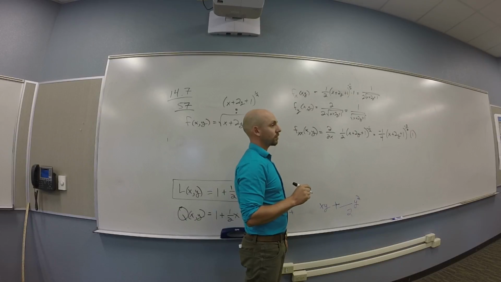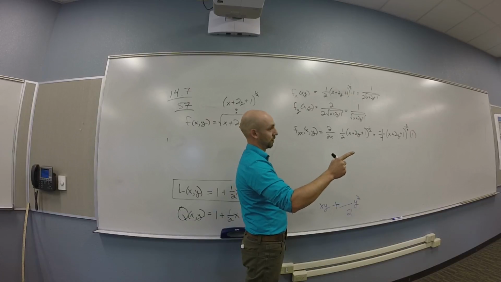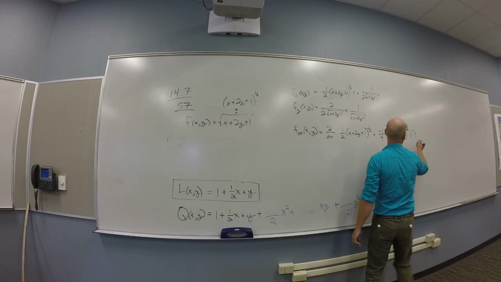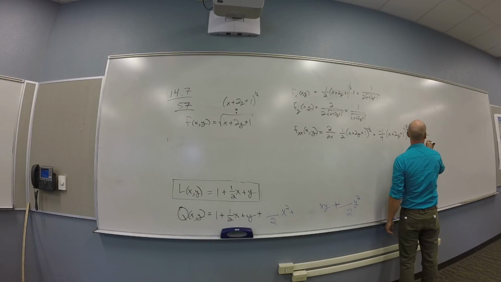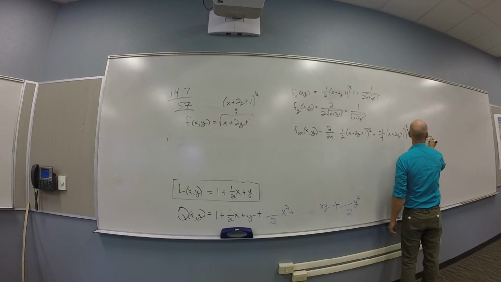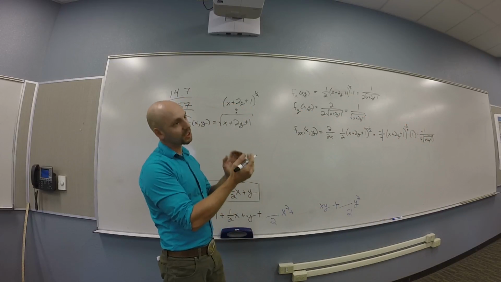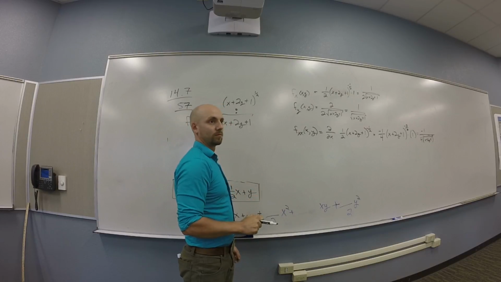And then to write the negative 3/2 power cleanly, that'd be minus 1 over 4 square root of x plus 2y plus 1, and then cube the stuff in the square root. You could cube the stuff inside first and then square root it. It doesn't actually matter. You guys cool with that?